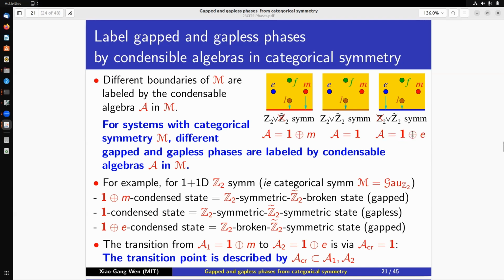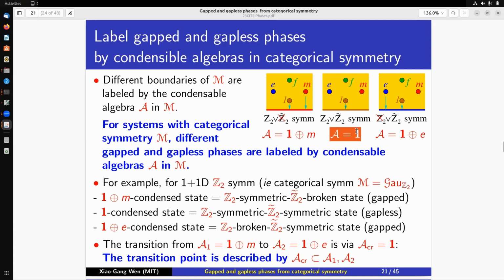However, these two Lagrangian condensed algebras have a common subalgebra, which is A equal to 1, which describes gapless states. So it's very suggestive that if A1 and A2 describe two gapped states, the transition between A1 and A2 is given by the gapless states, and these gapless states are described by a condensed algebra which is a subalgebra of both A1 and A2.